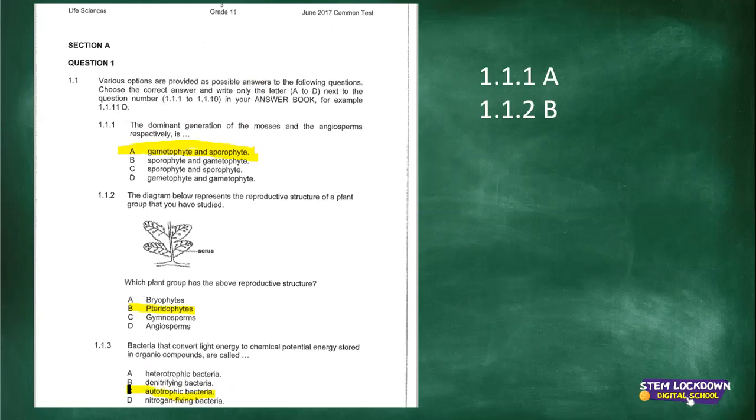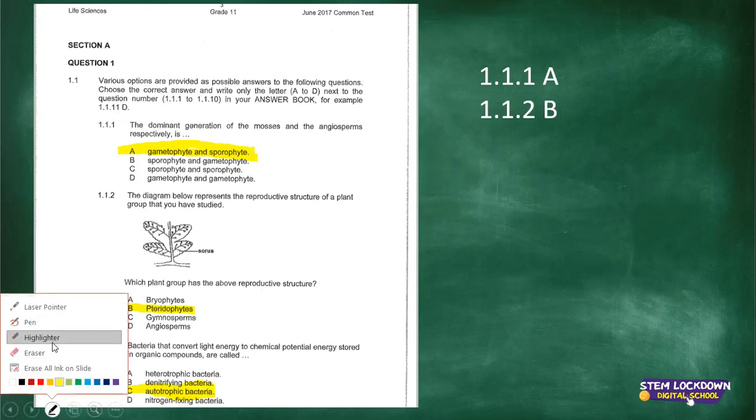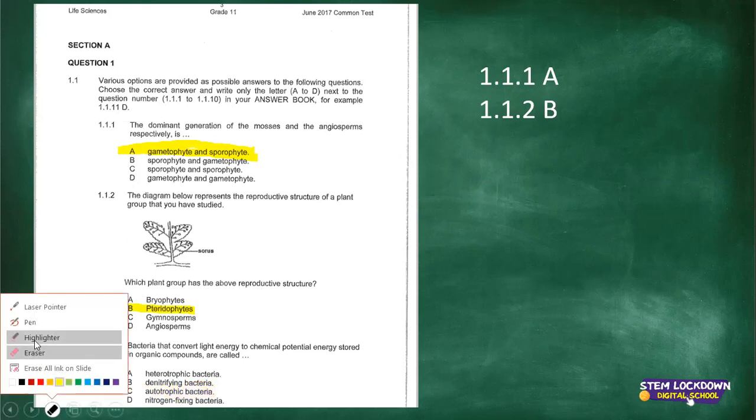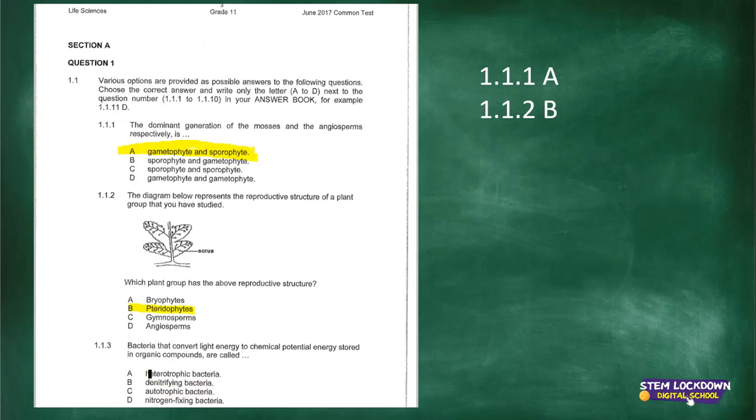Meaning they convert light energy to chemical potential energy stored in organic compounds. So this is a process you'd usually see in plants and you hardly see in bacteria. But now we have learned that some bacteria are actually autotrophic in that they can make their own food. They convert inorganic material to organic material. That is how great this is.